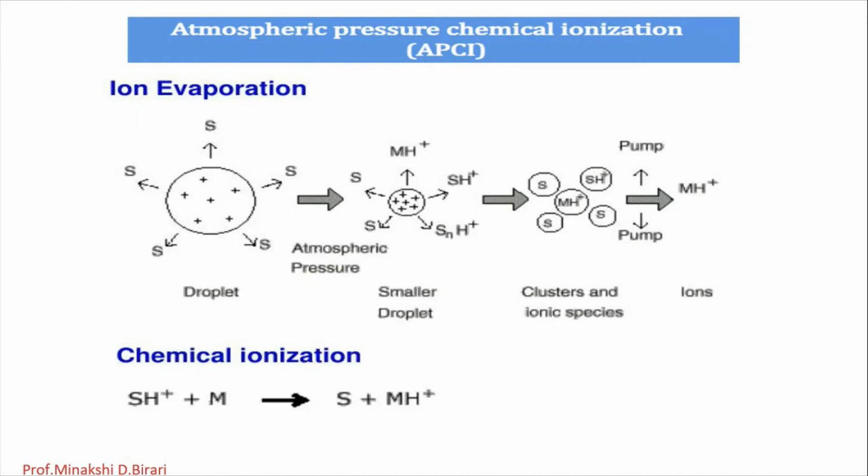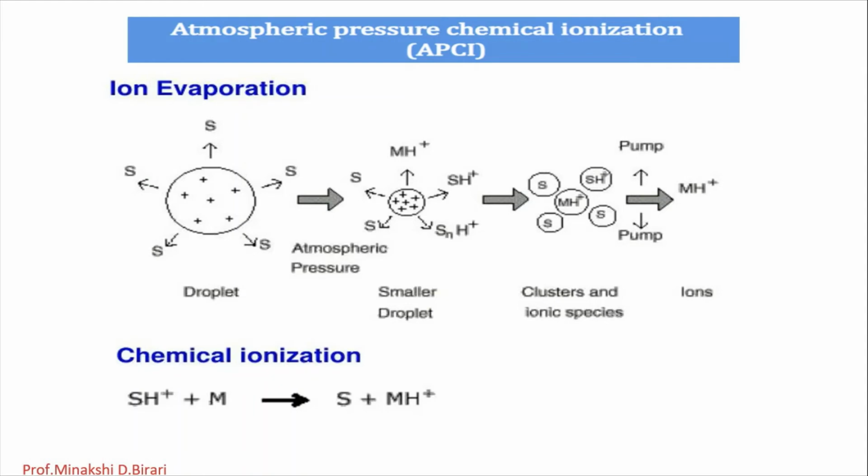In APCI, the sample will be injected through a capillary, then it will be converted into sprayed droplets and finally analyte. So the solvent vapor is formed due to heating by N2 gas, and in the presence of atmospheric pressure, vaporization and ionization occur.